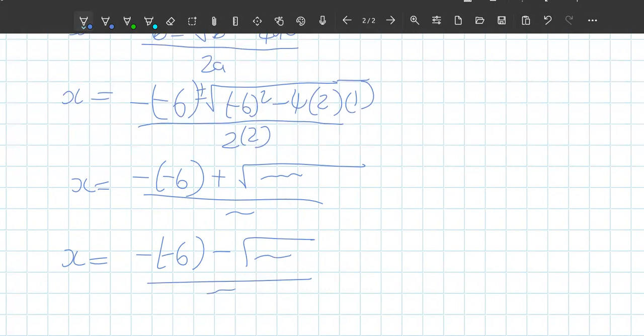So if you put it in your calculator, you need to do two separate sums. Obviously, just keep the first one and change the plus to a minus in the second option. And from this, rounded to 2 decimal places, you should get that x is equal to 2.82 or 0.18. Those are your two options.